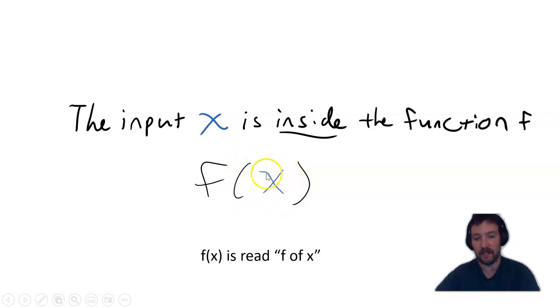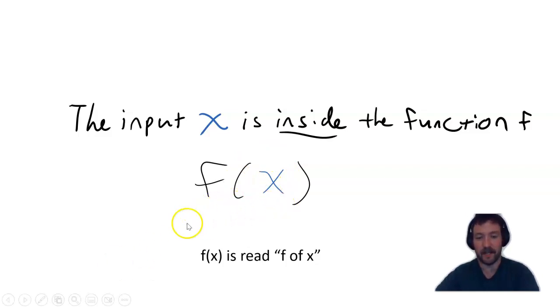It makes it look like the x is inside of the f. If you think of that function f as being like the machine, you're going to put something into the machine, in this case an x, and the machine is going to do its machine thing and give you something out. That's really all there is to it.